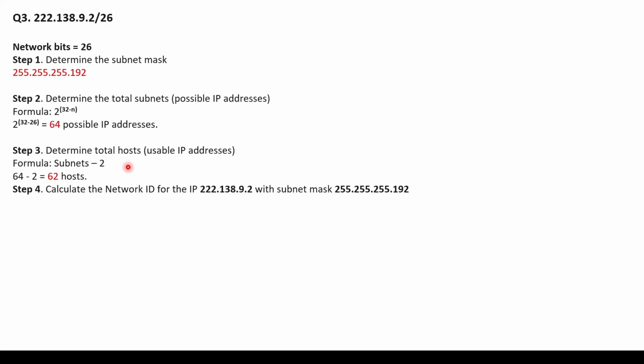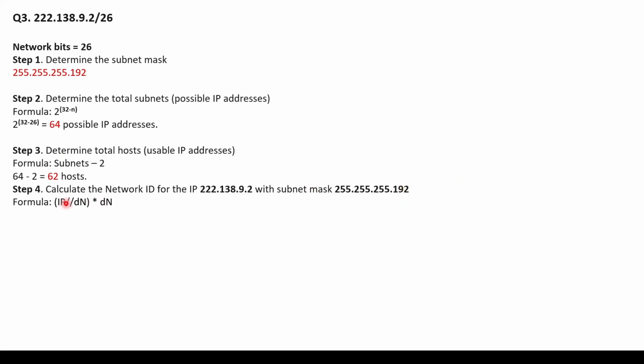Now step 4, we need to calculate the network ID for the IP. Our octet of interest is this 2 here because this is where the host addresses begin from. So the 27th bit is contained in this octet. Likewise, this is our octet of interest also. So using the same formula, integer division of the IP and then the delta n, multiplied by delta n.